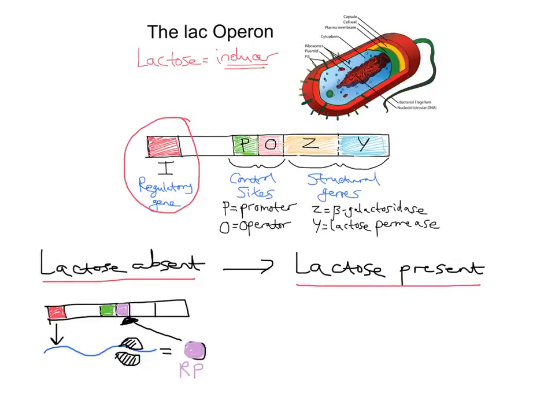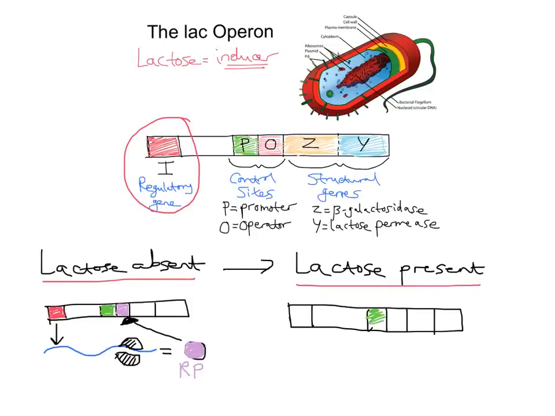So lactose, or lactose inducer molecules, by inducer we mean it can induce some kind of change, bring about some change. That lactose acts as an inducer molecule, and what it does is bind to the repressor protein, changing its shape. So again, we'll very quickly just draw two particular sections this time.